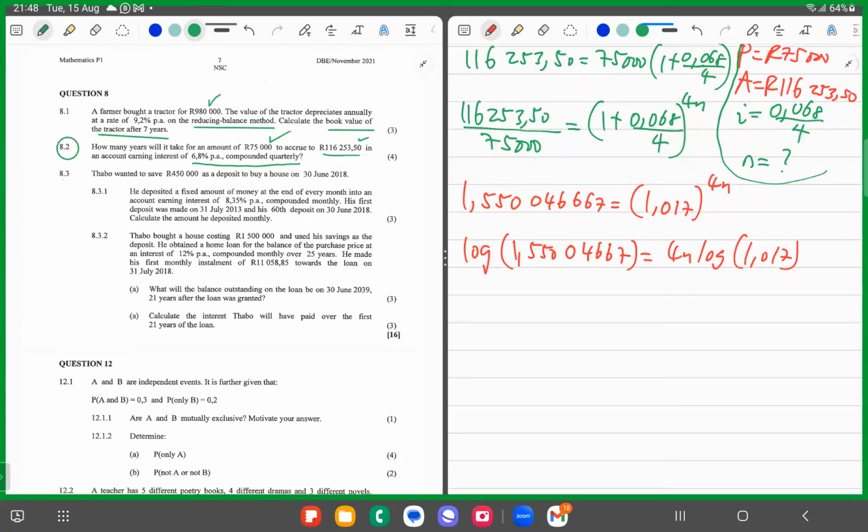You divide through, which means that 4n is the log of 1.55004667 divided by the log of 1.017.